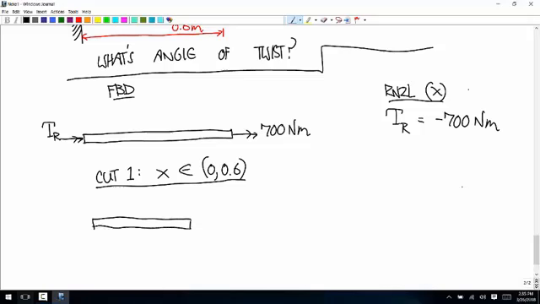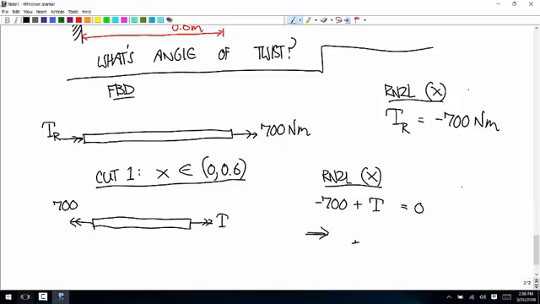So at the cut, the free body diagram looks like this. You have 700 Newton meters this way, and an internal torque T going that way. And so the x moment equation says negative 700 plus the internal torque is equal to 0. So that internal torque is equal to positive 700.